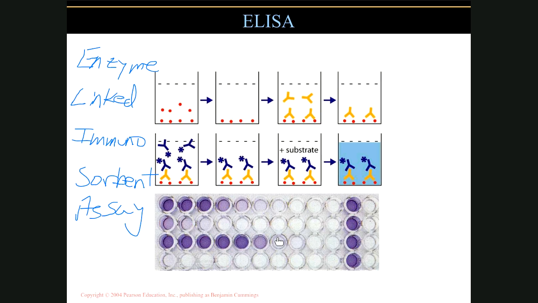But ELISA is a very powerful tool. It's very commonly used. You can make your own plates, or you can buy them commercially prepared, to look for different kinds of antigens, or to look for different kinds of antibodies to antigens. So that's ELISA. Any questions on ELISA, or ELISA, as some people say?